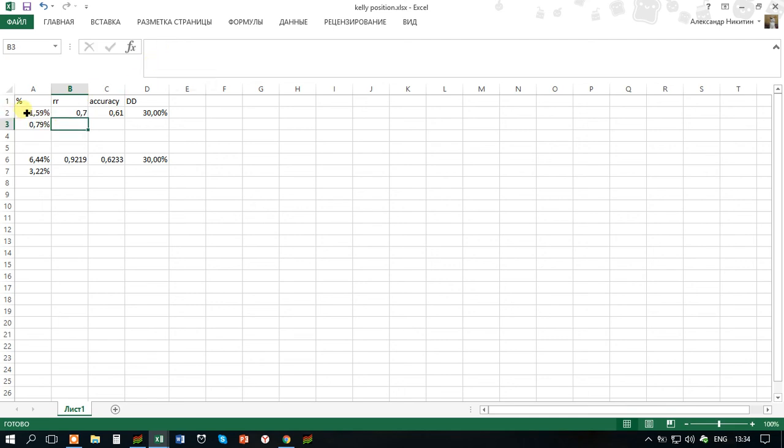You see, I should risk less. What if I have it 0.6? It stays negative. It means I should not trade it. If it is 0, it is break even. But if it is negative, it means that the strategy has negative expectancy. You will lose money over time.